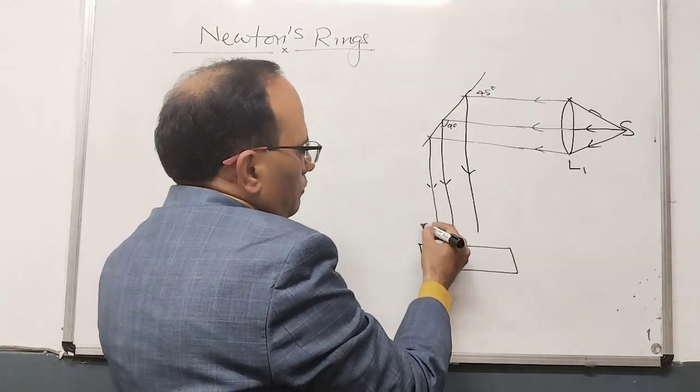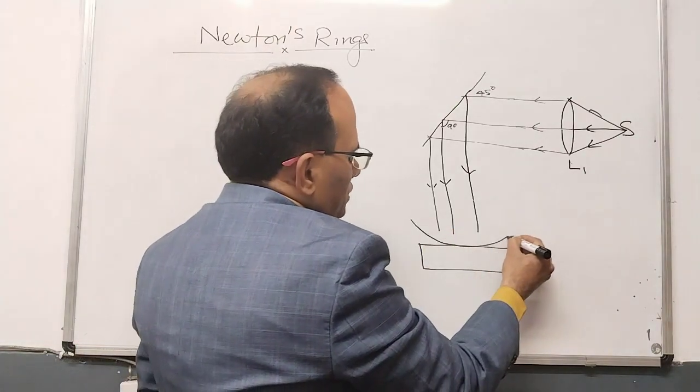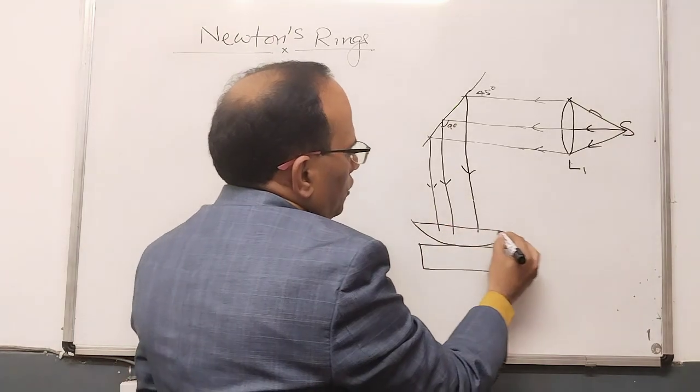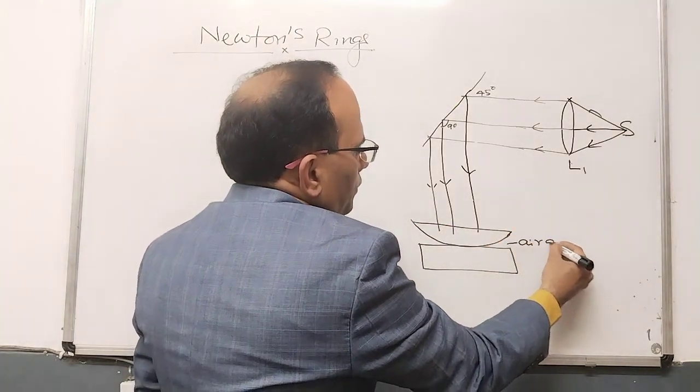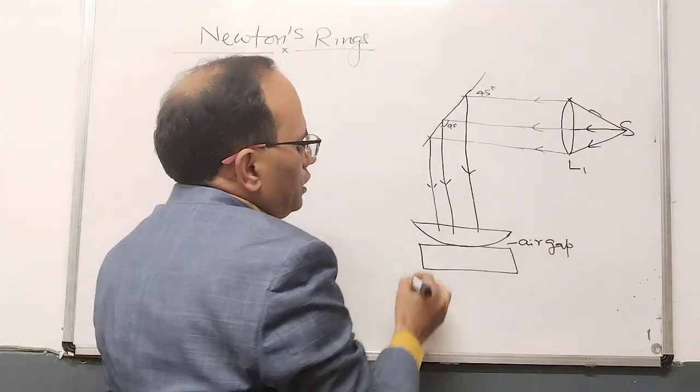After that we have the lens that is called the plano-convex lens. So there is an air gap on both sides, here and here.